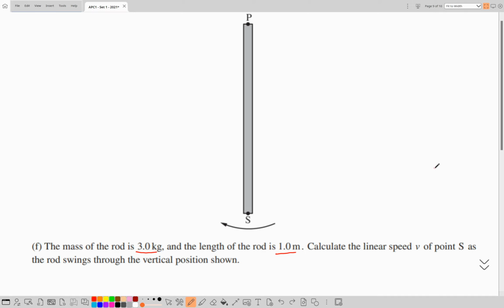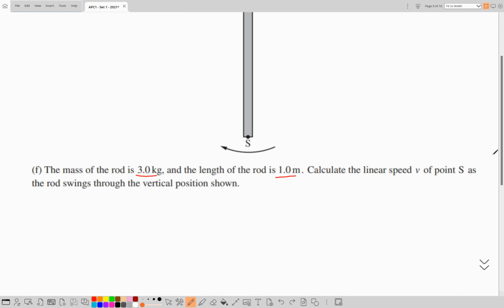Now, before doing the energy, as usual, we need to take our PE level, and this is always done by taking the PE level to be the horizontal passing through the center of mass in the final position. The final position is vertical.